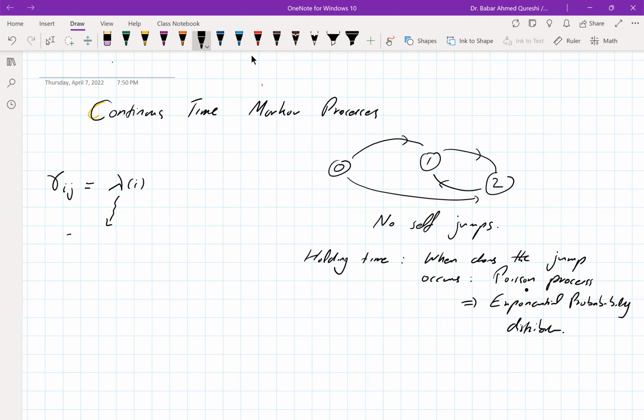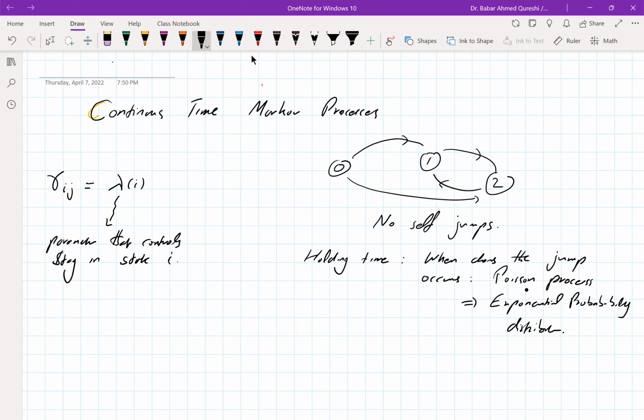This is the time to stay; this is the exponential parameter that controls the stay in state i.